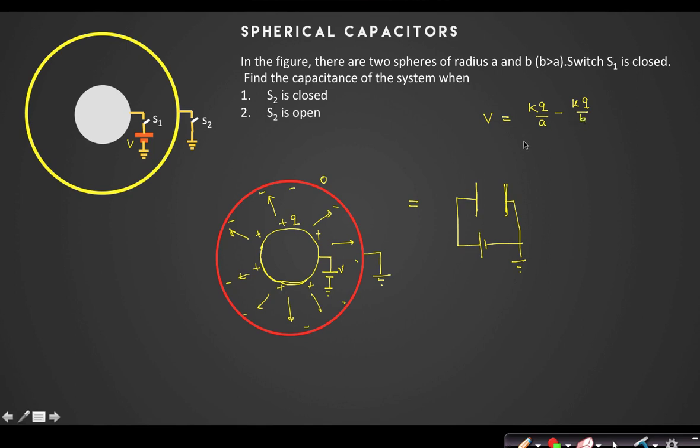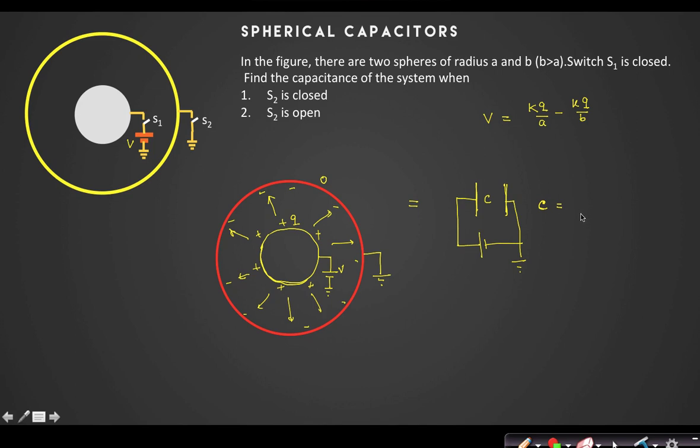Now can I find a relation between Q and V? From there can I find what is the equivalent capacitance? Just try to calculate and tell me what is the answer. Q equals V AB by K into B minus A. What is the equivalent capacitance?